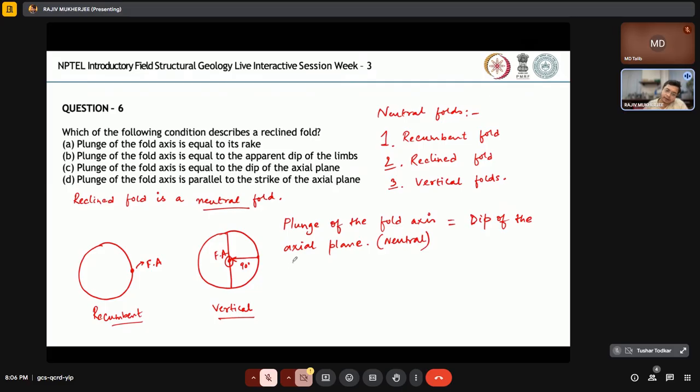And for a neutral fold, the trend of the fold axis is equal to the dip direction of the axial plane.